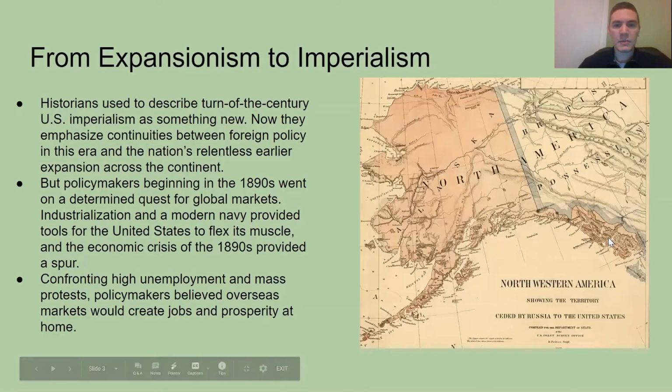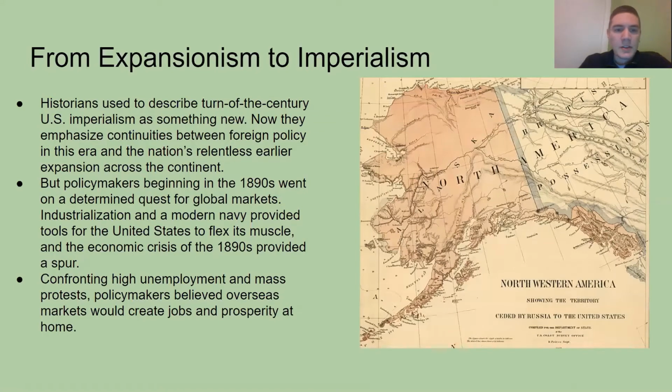This is about imperialism. We start off with some examples of the United States going beyond the contiguous United States, for example buying Alaska in the 1860s and going for Hawaii in the 1880s and 1890s. We do a lot of these for economic reasons.